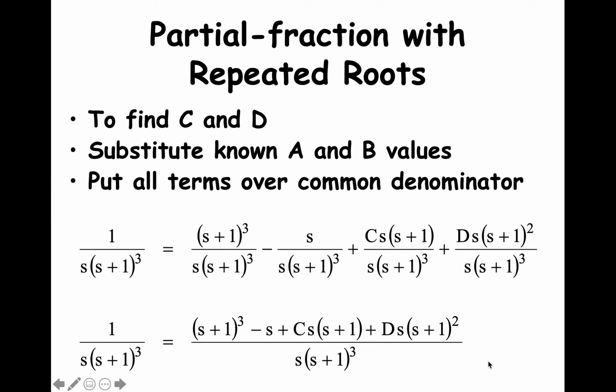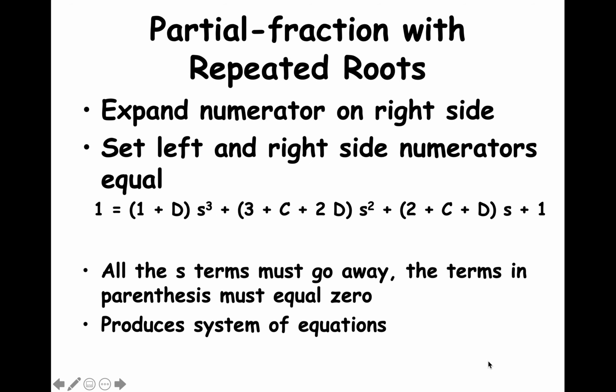After all of the terms have the same denominator, we combine the numerator terms on the right side of the equation and then we equate the numerators. Expand the numerator on the right side, combine like terms, and set it equal to the numerator on the left side of the equation. After doing that, we get the equation shown here.